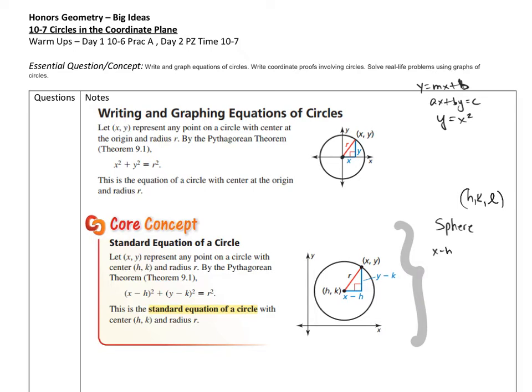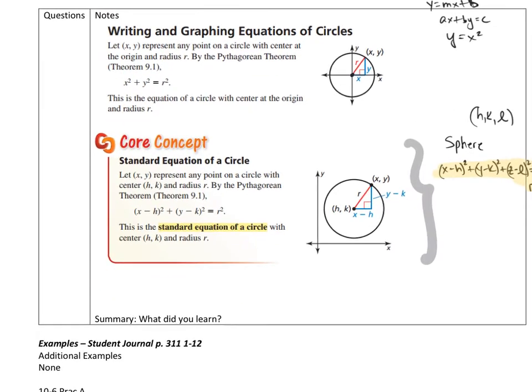So it would just be x minus h squared plus y minus k squared plus, now our third axis, z minus L squared equals r squared. This is how we can write the equation of a sphere, just in case you come across those problems, or I might even ask you that problem. It's not much different. It's the same as the equation for a circle. We're just adding the third axis right there.